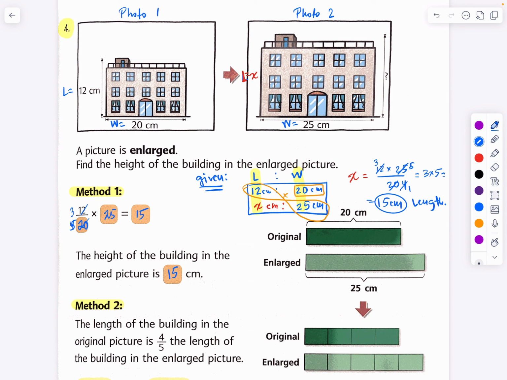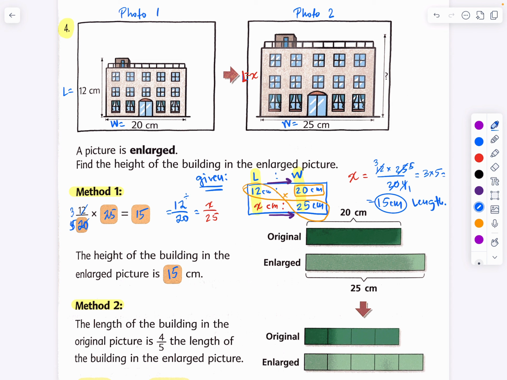Another way to set up and solve this proportion: remember, we did it diagonally, but we can also say 12 to 20 is the same as x to 25. Let's do it this way. 12 to 20 has to be in proportion to x to 25. Notice we can do cross multiplication, or we can simply reduce the fraction on the left.